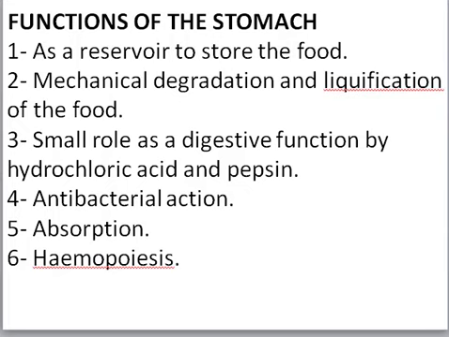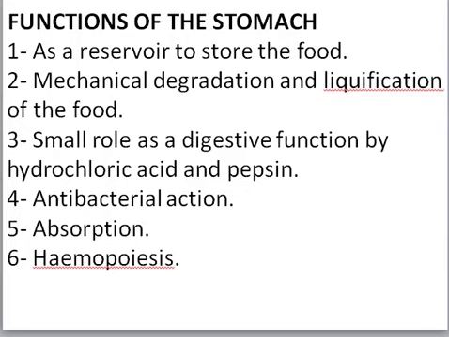The other function is digestion, and as we say, digestion has two parts, mechanical and chemical. Mechanical digestion in the stomach is very important because it has powerful muscle, important in churning and mixing of the food.